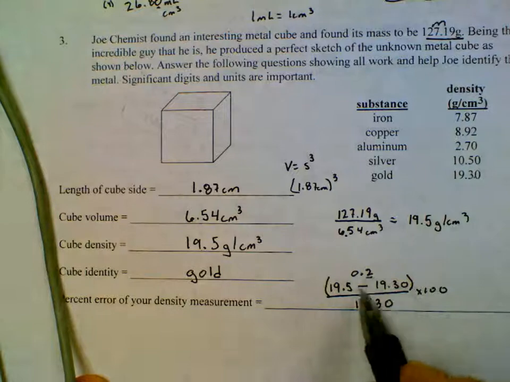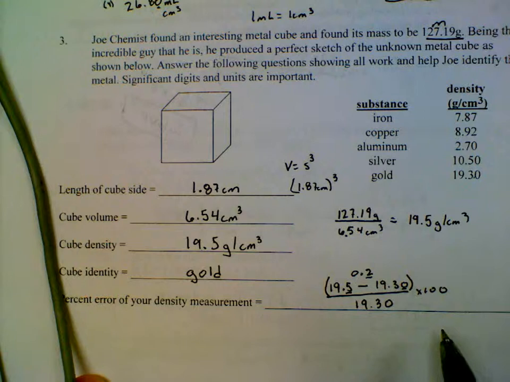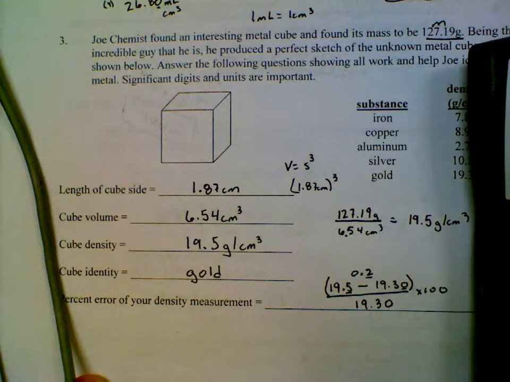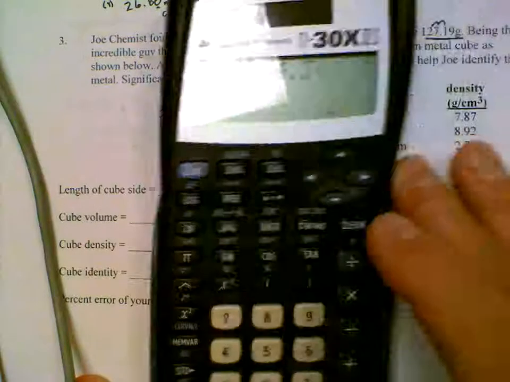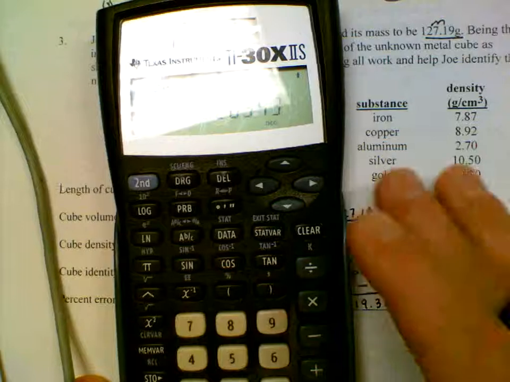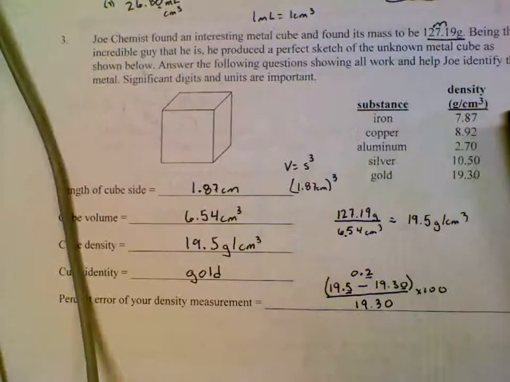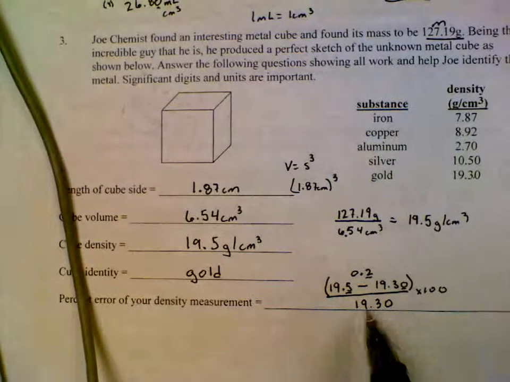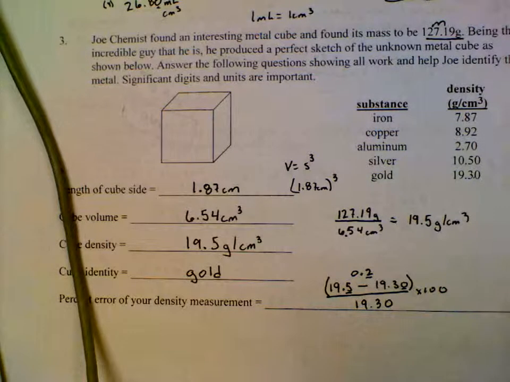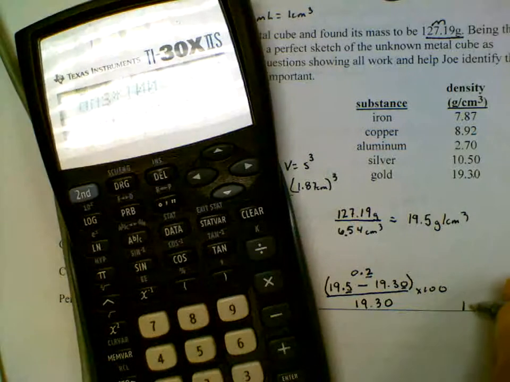And I can report to here because the 19.5 goes to tenths, 30 goes to hundredths. 0.2 divided by 19.3 times 100 gives me this value. But looking back at sig figs, I have a 1 digit divided by a 3 digit, or 4 digit, excuse me. So then I get to have 1 digit in my answer. This would be a 1% error.